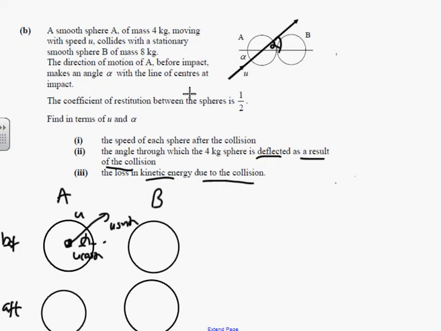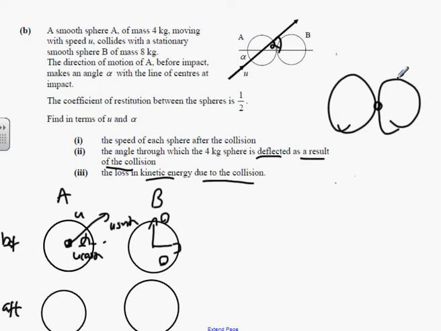Now, after the collision, what happens? The second one isn't moving, so 0 in both directions. When two spheres collide, what happens to the second one if it's already stationary? What direction does it have to move in?